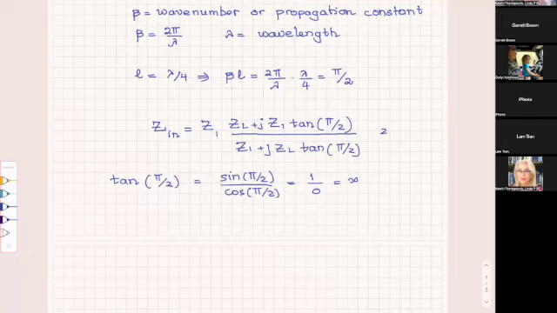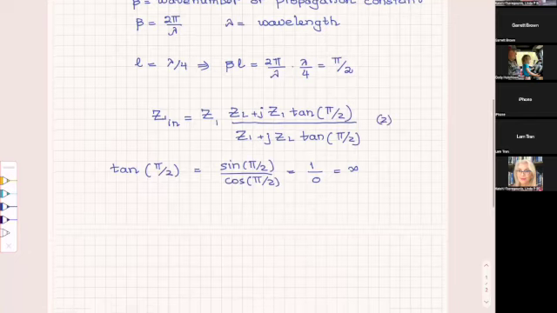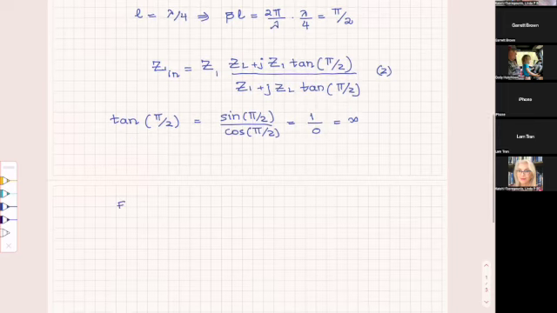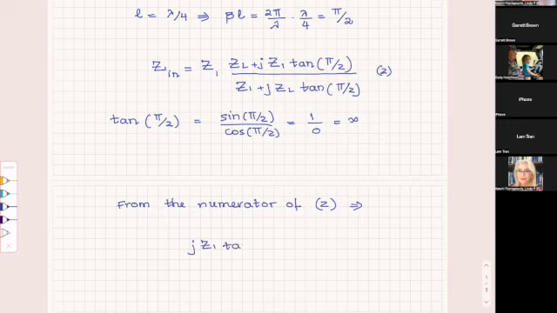Okay, that's equation 2. So let's now observe 2. Tangent pi over 2 goes to infinity, which means from the numerator of 2, what do we find? That j Z1 tangent pi over 2 is much larger than ZL.